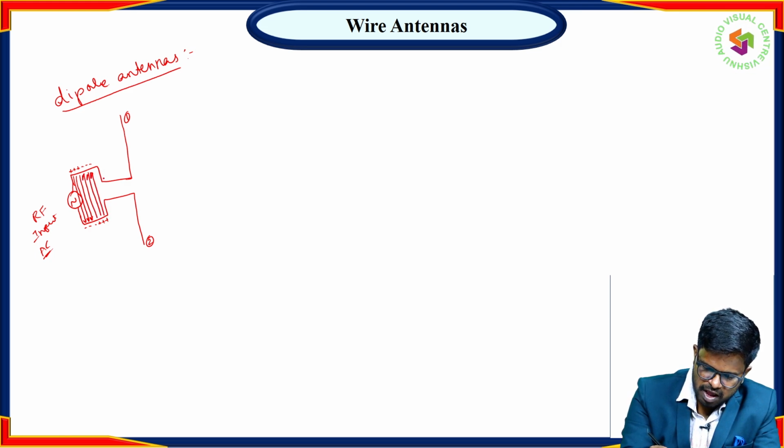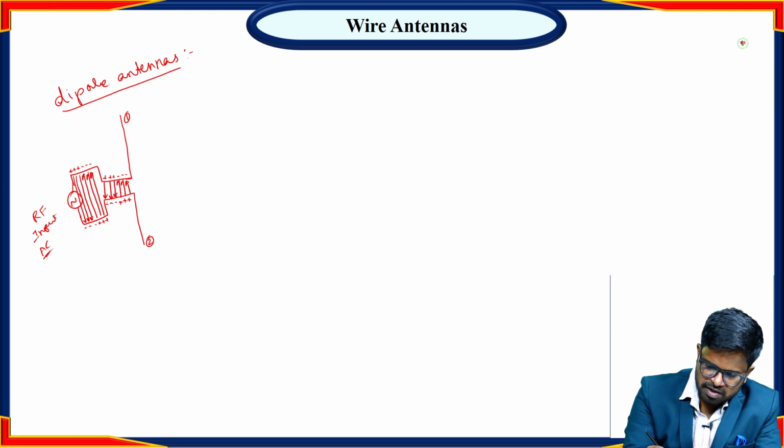The same phenomenon will happen here also. With alternating current, positive and negative always interchange with time. So electric field lines will be produced from positive to negative.